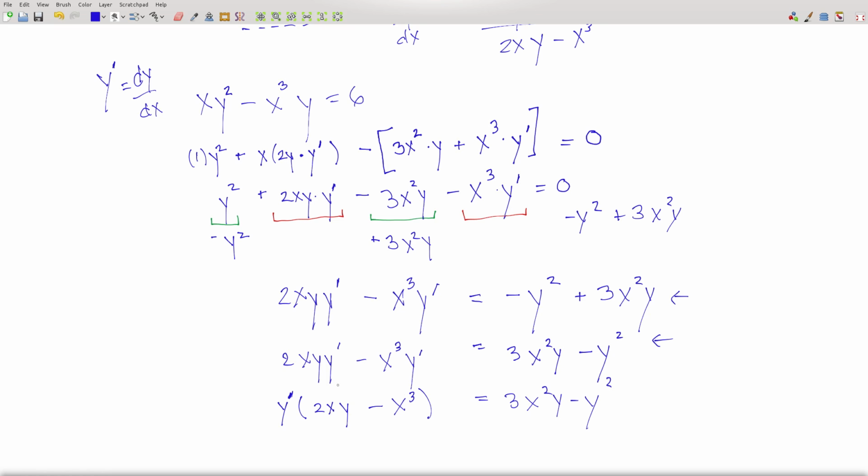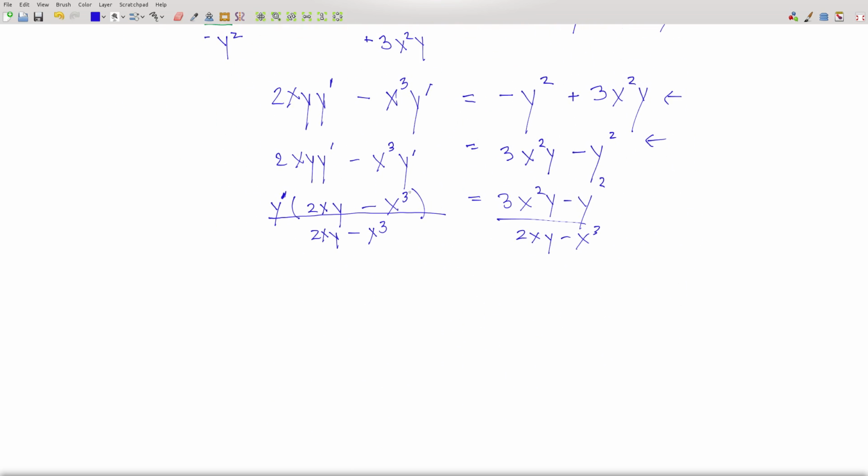And look at the progress we have made. We had two different terms that have a y prime in it, and now we only have one y prime. To isolate this y prime, we will divide both sides by this quantity. We're dividing it by the quantity 2xy minus x cubed, and we'll do the same thing on this side. So where are we now?